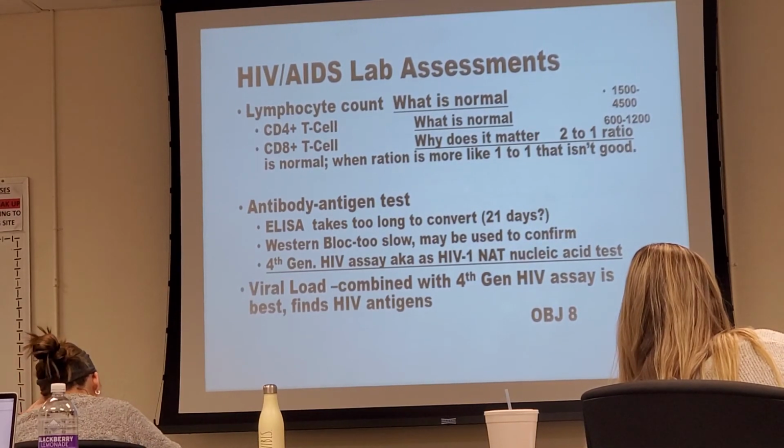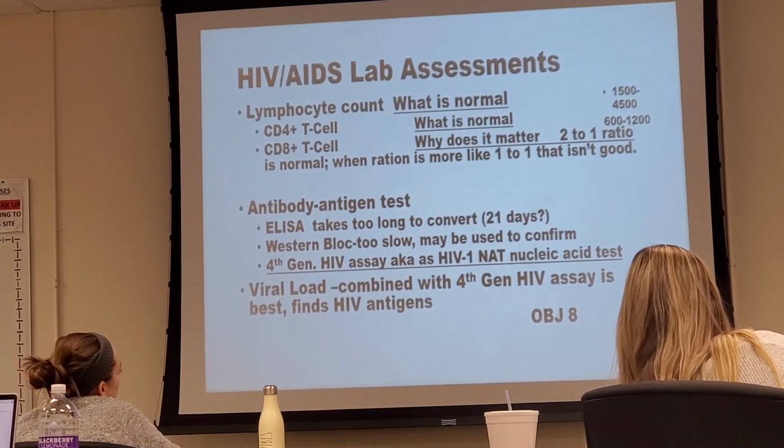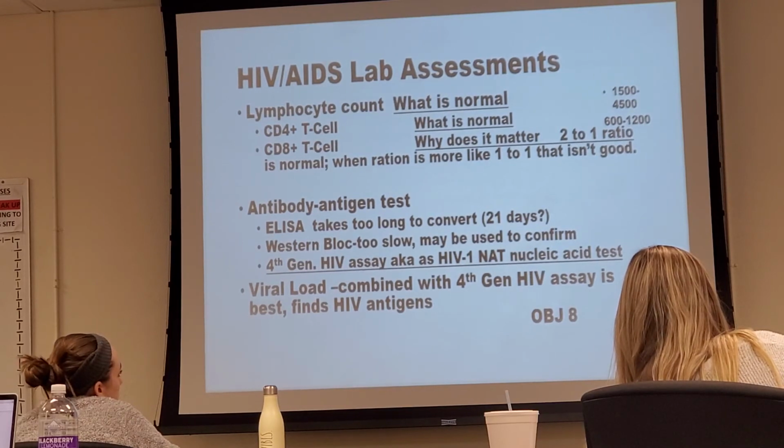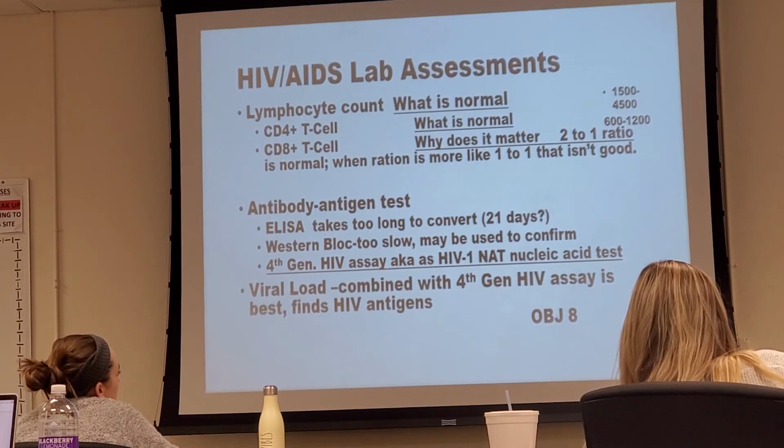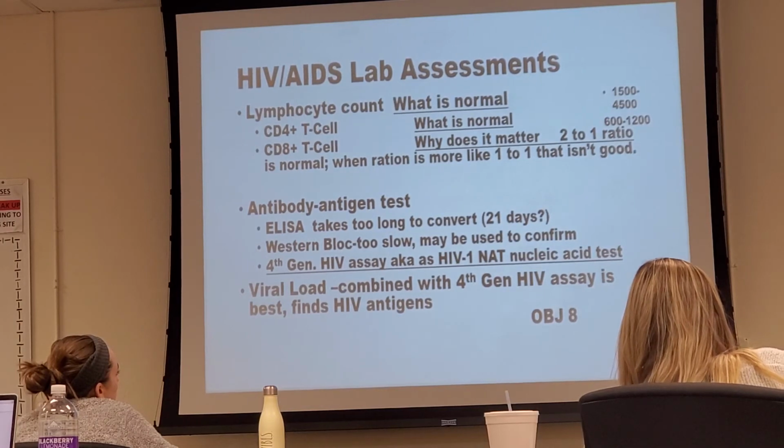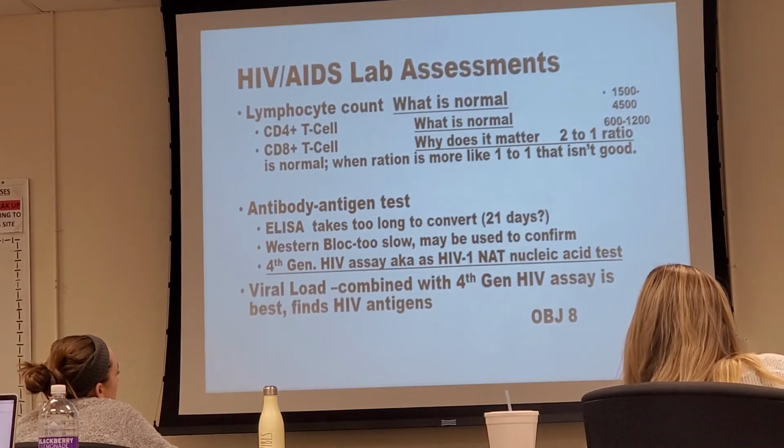So the testing, a lot of times it's a two-part test. It's this 4th generation HIV assay combined with viral load. The old tests, the ELISA and Western blot, are slow and take longer to get results.